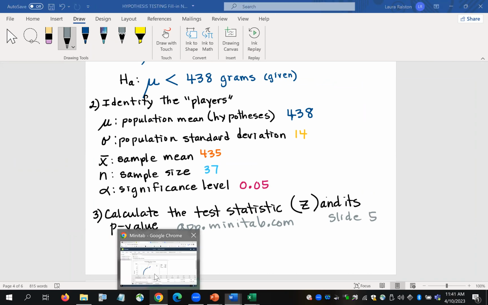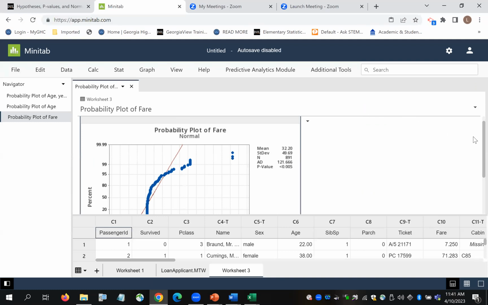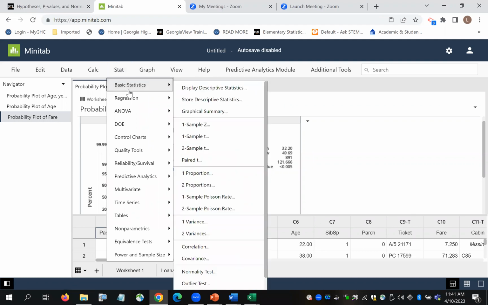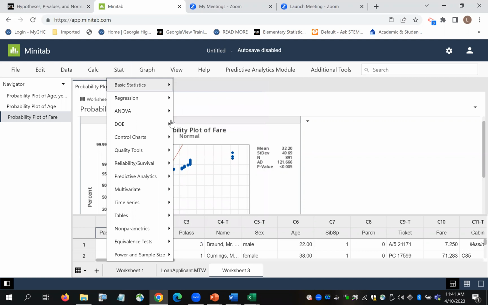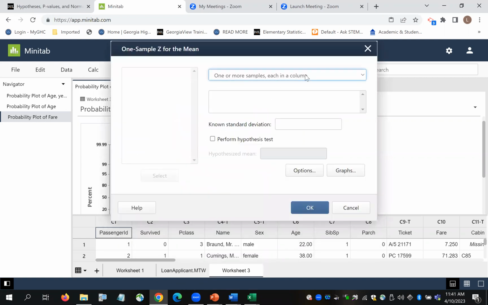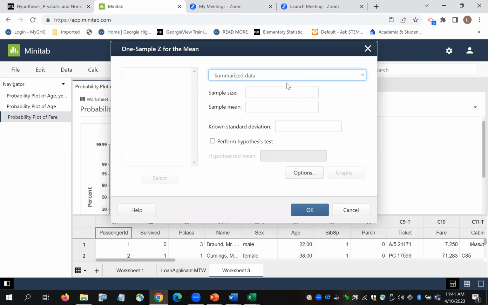Okay, so I'm going over to Minitab. I don't have to have any data because I have all of the summarized data. So we go to Stat, Basic Statistics, 1 sample Z. We have summarized data because we have all of those numbers given to us in the problem.